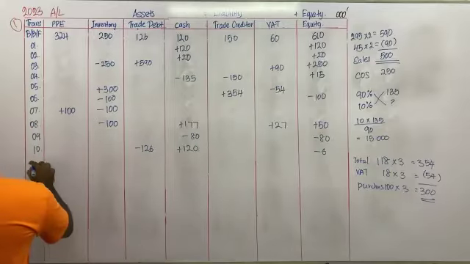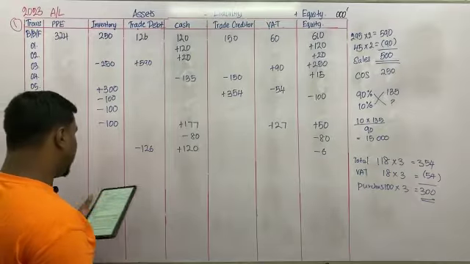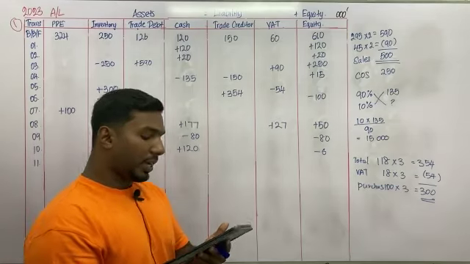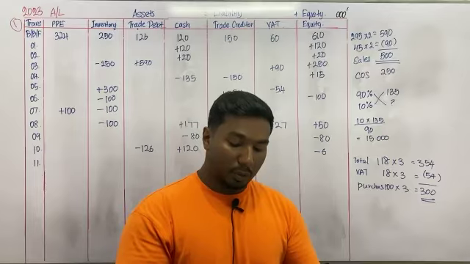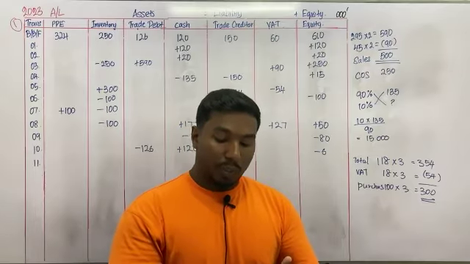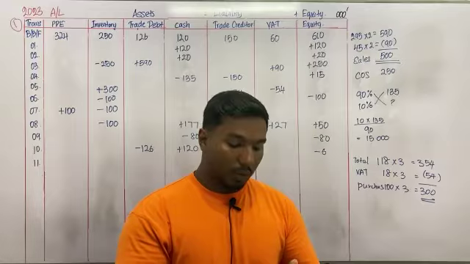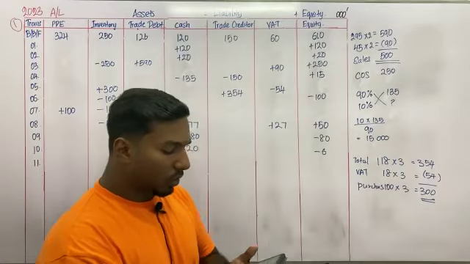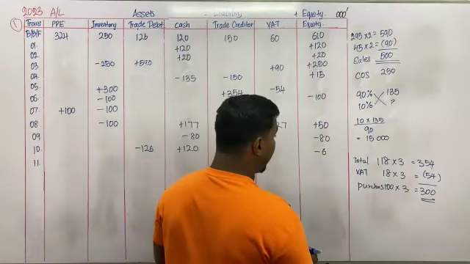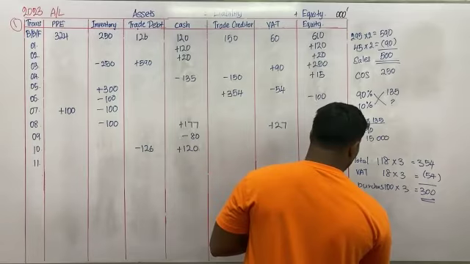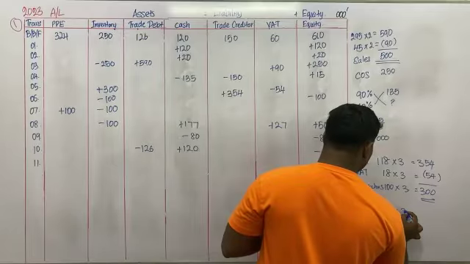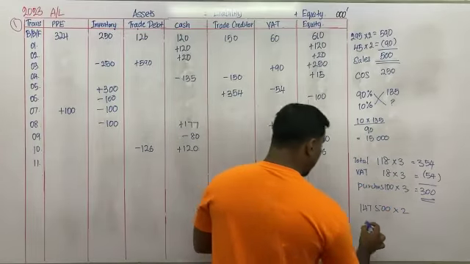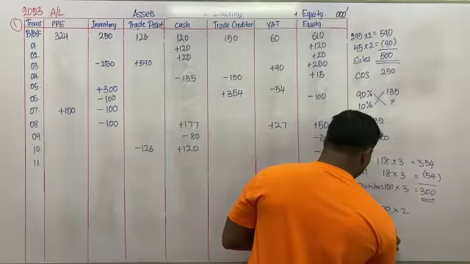Transaction number 11. Purchase 2 computers for cash, 147,500 each, inclusive of 22,500 VAT per computer. So 147,500 multiplied by 2, and 22,500 VAT into 2.